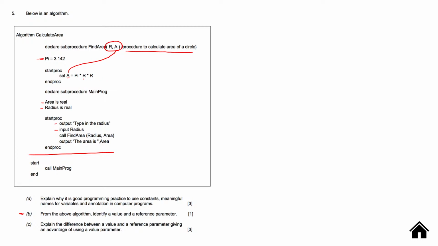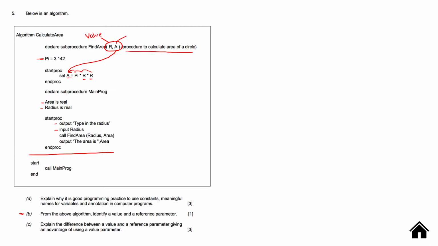So here, is R being changed? Am I changing the value of R? No, I'm not. I'm just using the value of R and multiplying it by R, and then whatever result I get, I'm then changing A. So because I'm only using R, that only needs to be a copy, which means that would be passing by value.